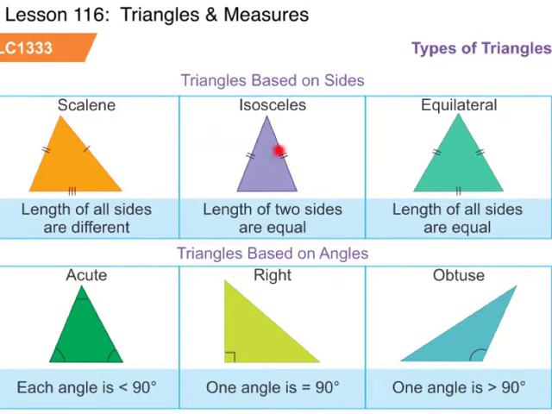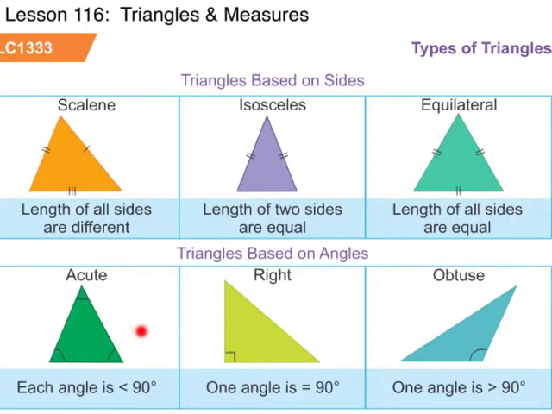Alright, so here I've got 6 different types of triangles. Here's a very common one, the right triangle, and it's called a right triangle because it has a right angle in it.